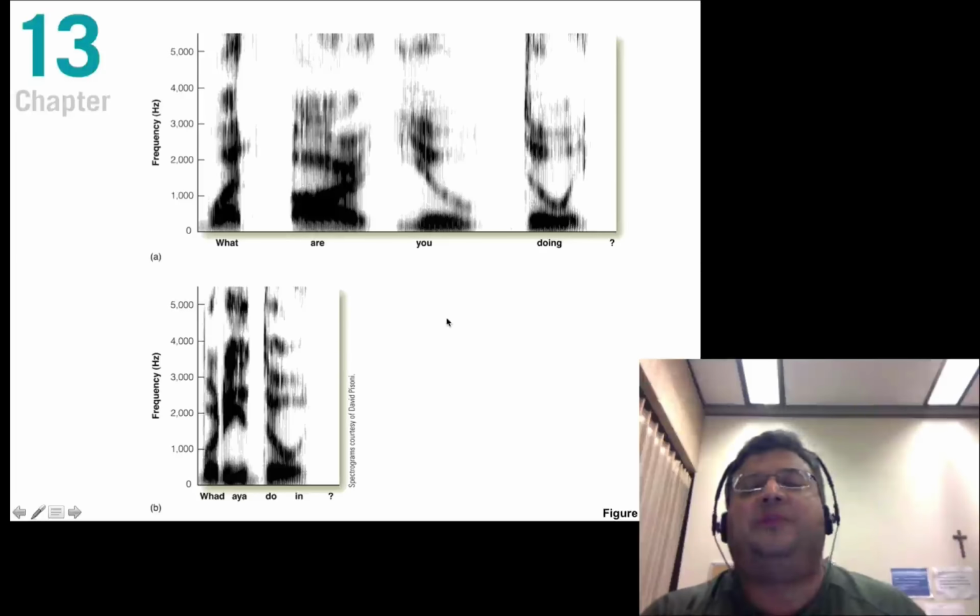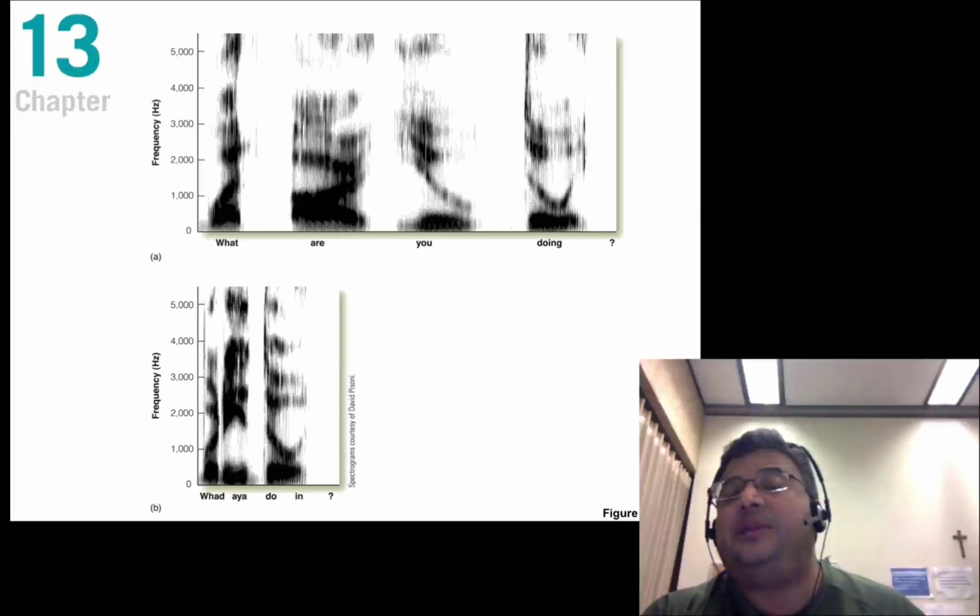So you see, one of the problems in getting machines to understand spoken words is that they have to deal with this enormous variability in sound production the way we do.